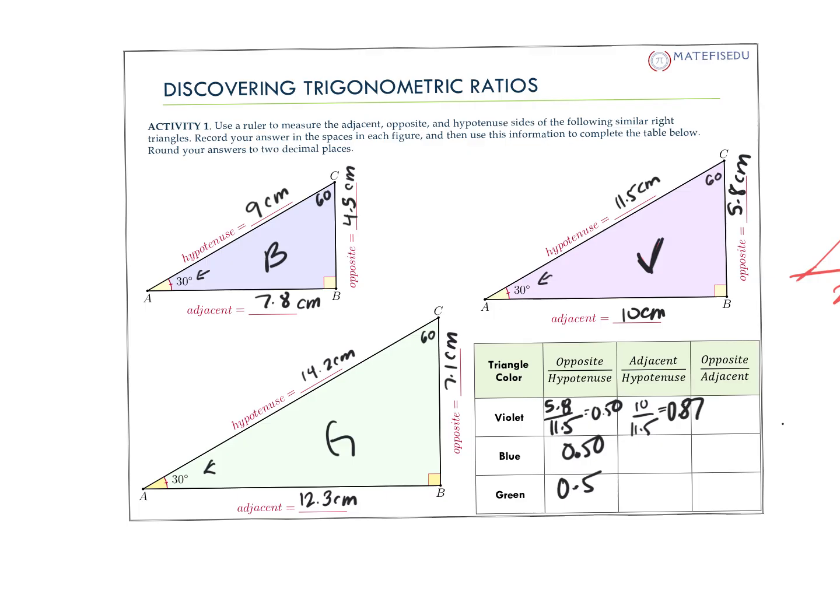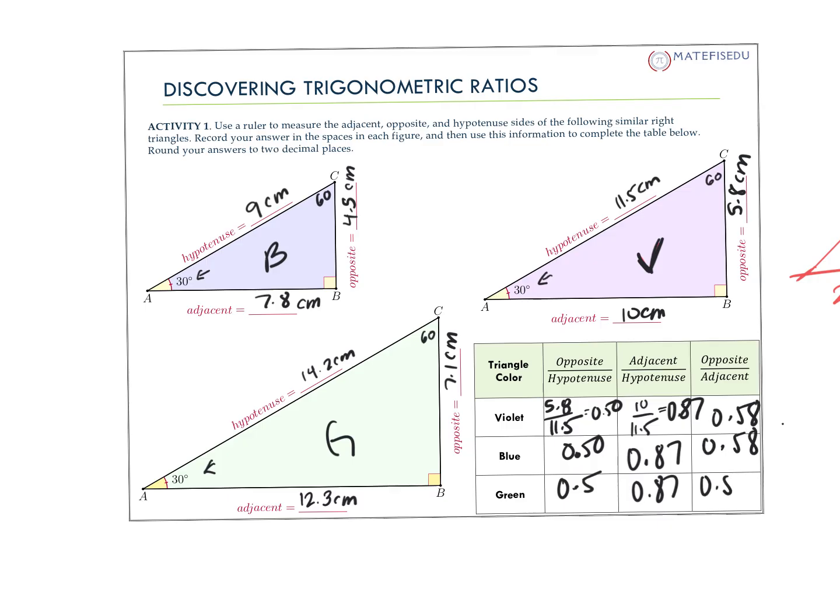Go ahead and pause the video and try the rest yourself. Okay? Once you press play, you should have noticed that we also get 0.87 for these two. And for the last triangle, you get 0.58 for all three.